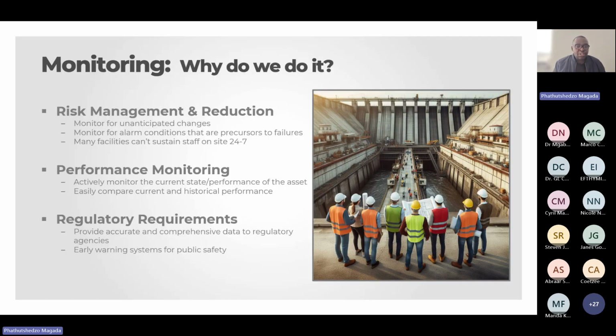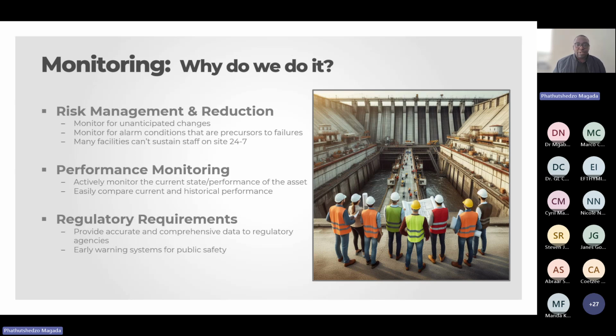The main question that we will need to answer when we are addressing the people that control the finances of funding the project is, why do we need to monitor? Why is monitoring important in respect to them? So monitoring is important because we need to catch the unseen.